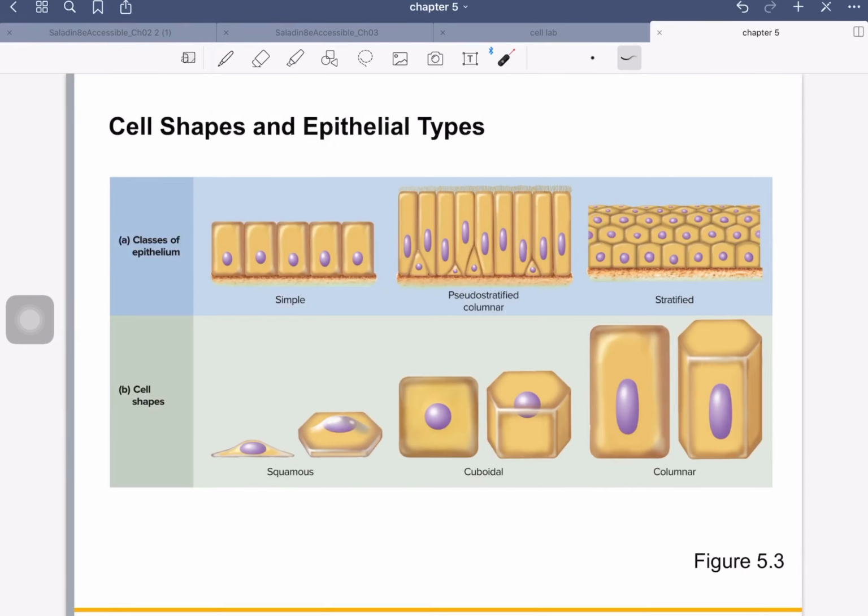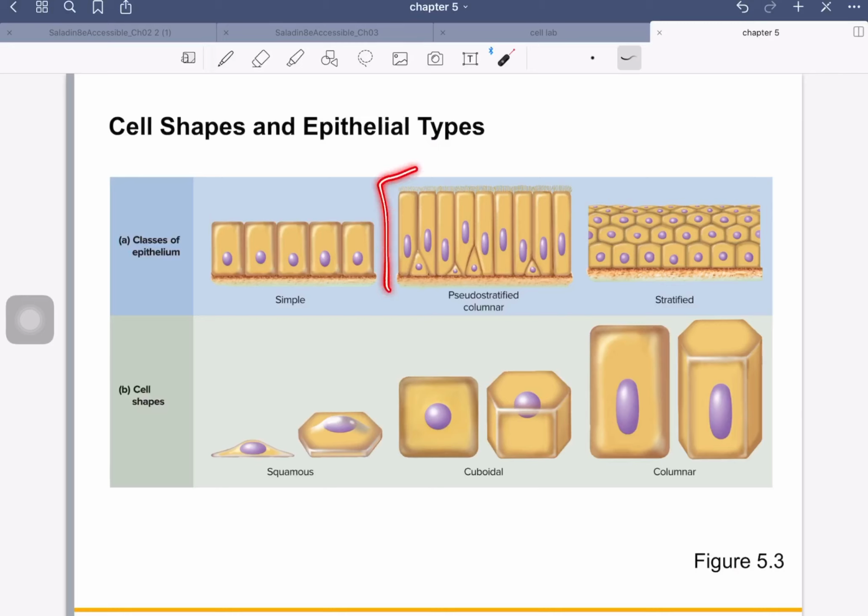So here's the names we get to use when it comes to epithelium. We have simple. Right? Simple means one layer. By the way, there's a basement membrane. We have stratified. Stratified, basement membrane once again, and it's a number of layers, but you see how the cell shapes change? And remember, we're going to name it on the outer apical surface cells, not the ones down here.